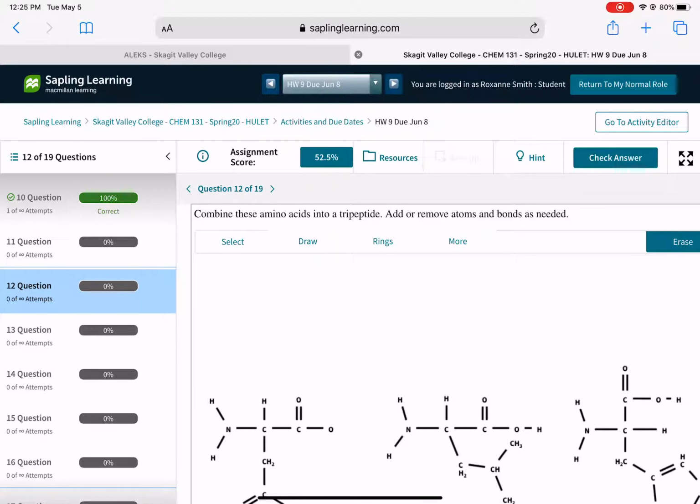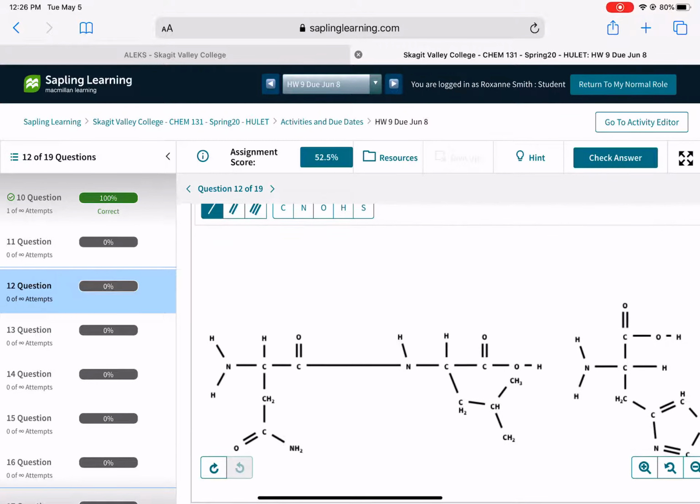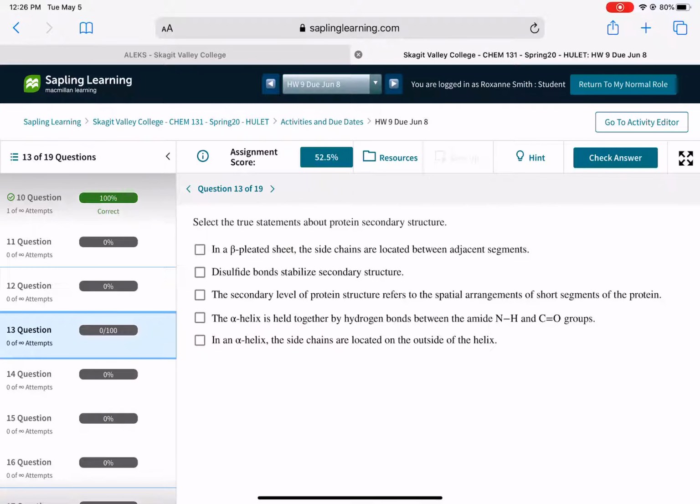So you got to get rid of the parts that disappear when the amino acids are connected to each other, and then create that new bond in between the two. And so that's all that you're going to be doing. That's all you're modifying there. And you don't need to draw the water molecules that are being formed when this type of thing is happening.